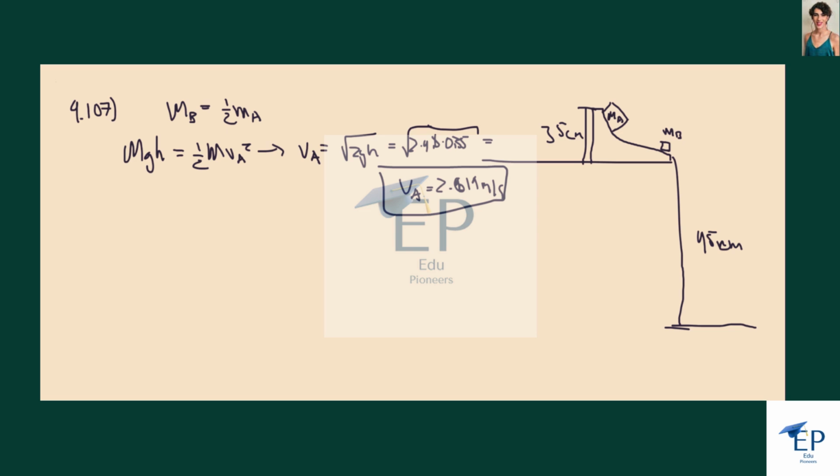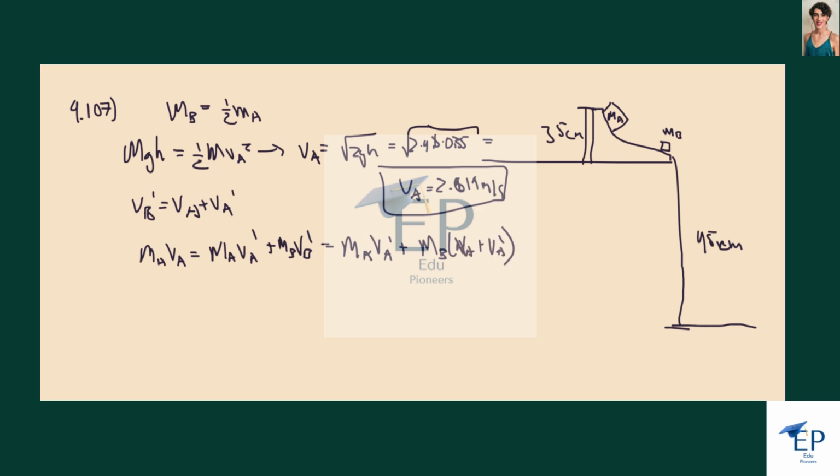Now we know that this is going to be an elastic collision. So that means we know that for the second one being at rest, VB prime is given by VA plus VA prime. We also know that MA VA equals MA VA prime plus MB VB prime, or MA VA prime plus MB times (VA plus VA prime) by substituting that in.